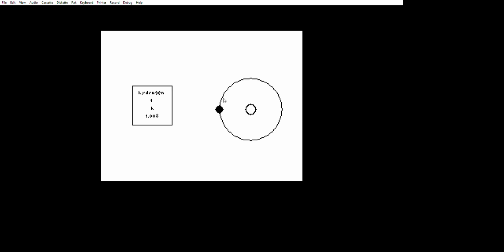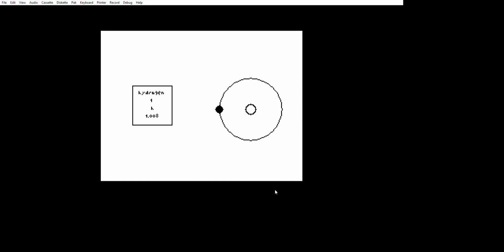So one hydrogen atom, and let's look over here. I'm circling the atom on the right. This is an orbital model, the only one I use. There are other ones, and they're really confusing, and they don't make a lot of sense.